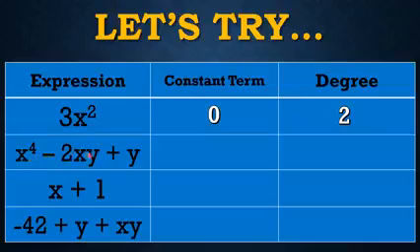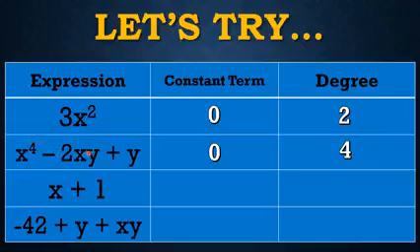And this is not a constant term because y is a variable also. So what is the constant term of this expression? It is also 0. So what is the degree? The degree is the highest exponent. And the highest exponent of this expression is 4. Thus, 4 is the degree of x to the fourth minus 2xy plus y.